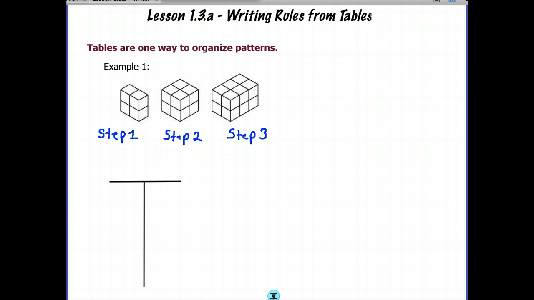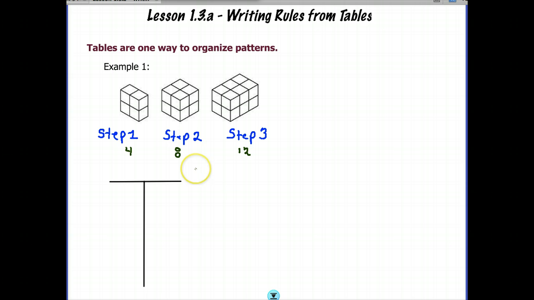So what we have wanted to do is say, well, how many blocks do we have in each step? In this first one, we have 1, 2, 3, 4. So we have 4. In the next one, if we count, it looks like it's doubled. We have 1, 2, 3, 4, 5, 6, 7, 8. And in the last one, now it's tripled. It looks like we have 12.